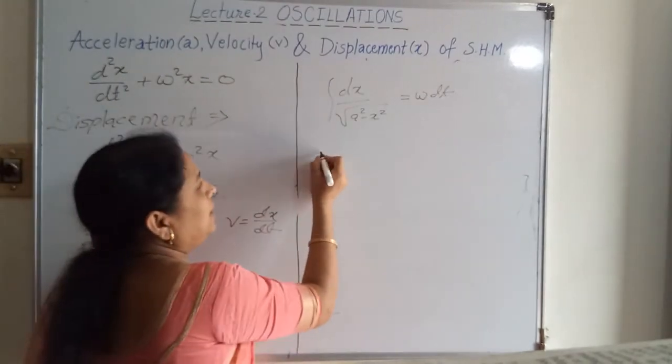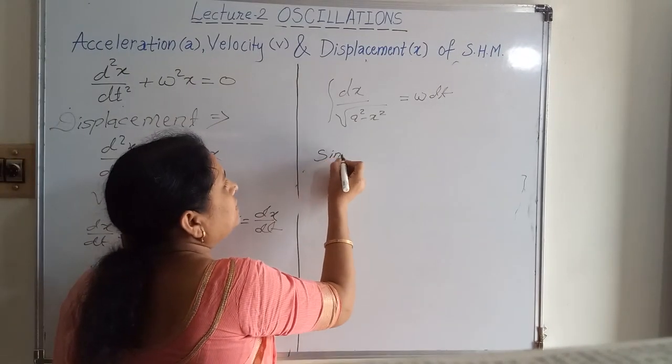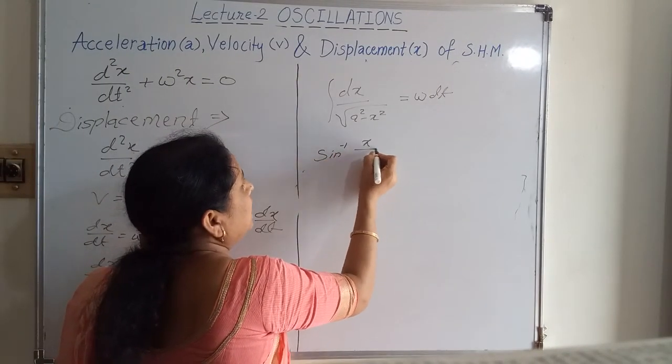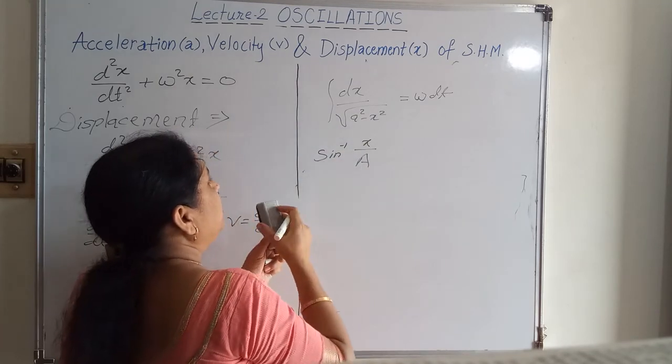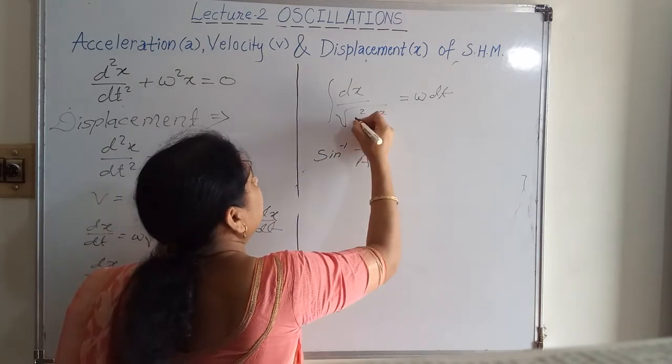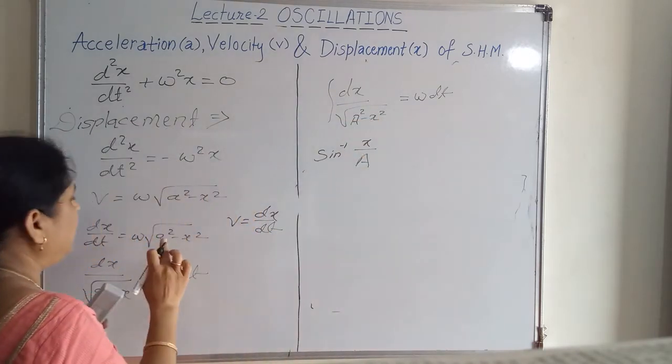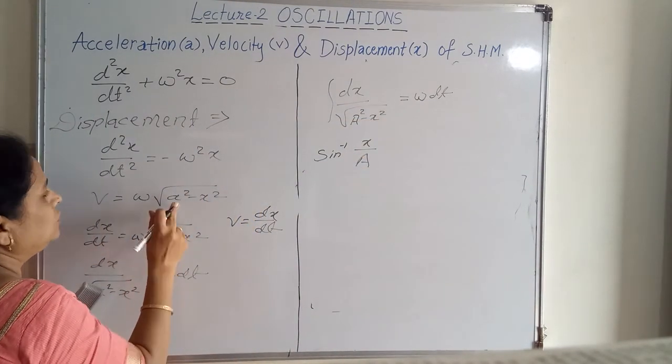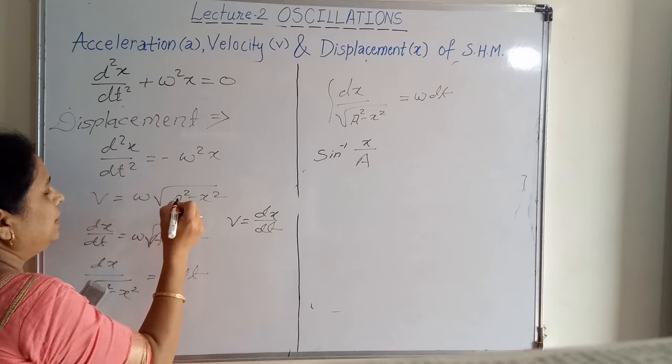Here we get the formula sine inverse x upon A. Sorry, here we use the capital A because we have used capital A for amplitude.